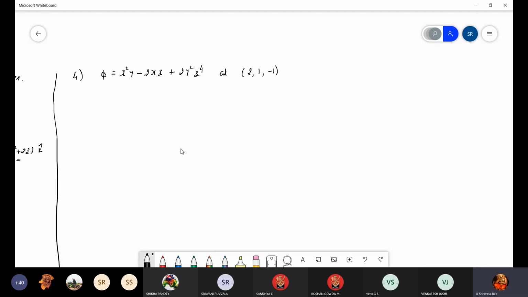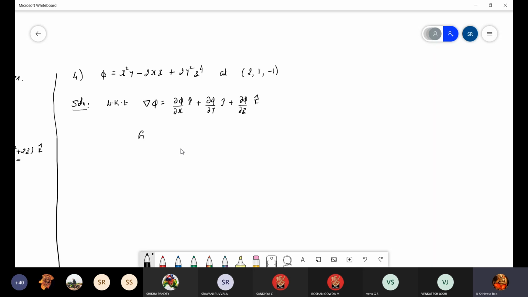Solution. We know that grad phi equals, first write the formula, dou phi by dou x i cap plus dou phi by dou y j cap plus dou phi by dou z k cap.